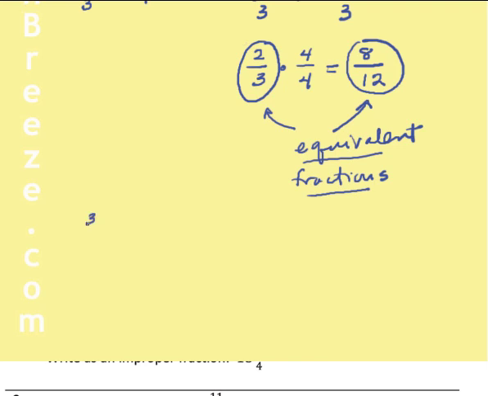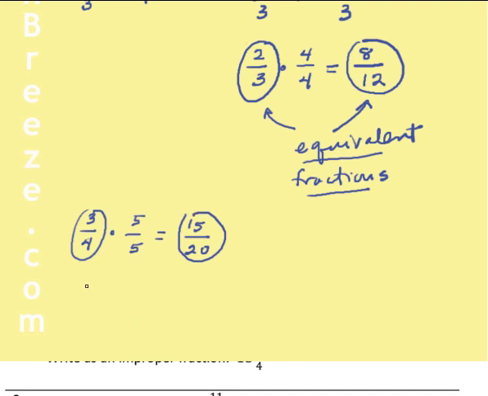Now let's say the fraction 3/4, and we want to obtain an equivalent fraction. Well, we could just multiply top and bottom, numerator and denominator, by the same number, and we could get an equivalent fraction. So 3 times 5 is 15, and 4 times 5 is 20, and these two are equivalent.